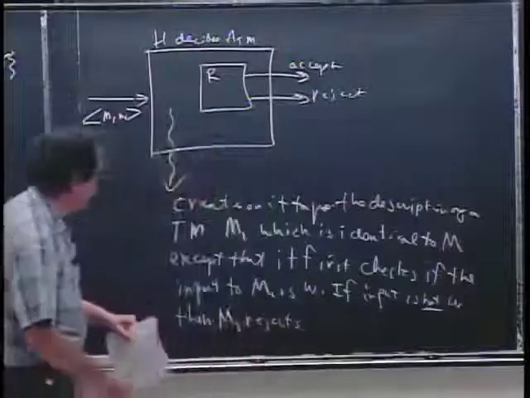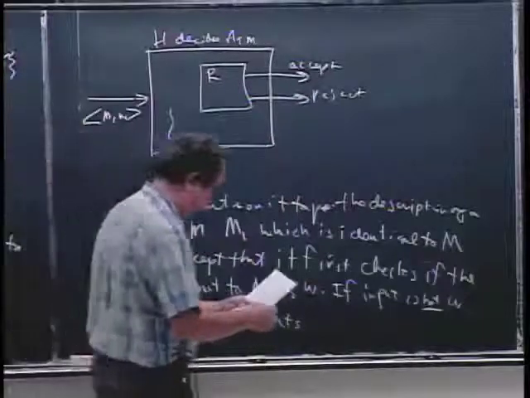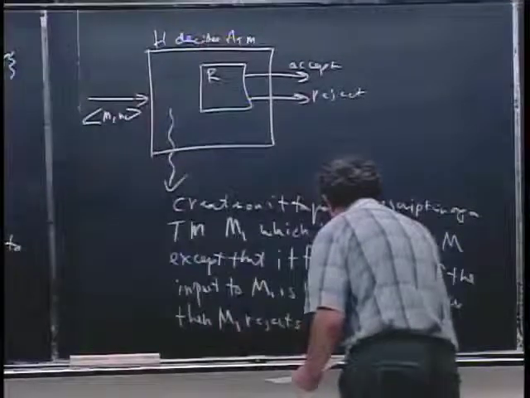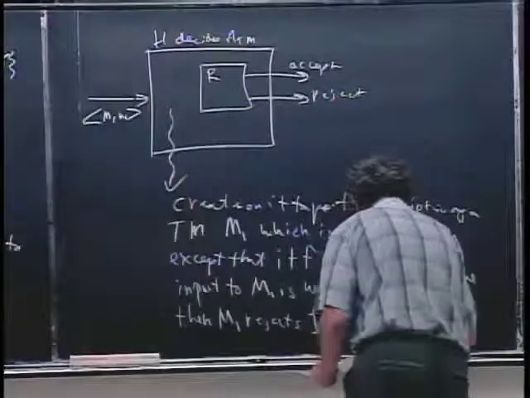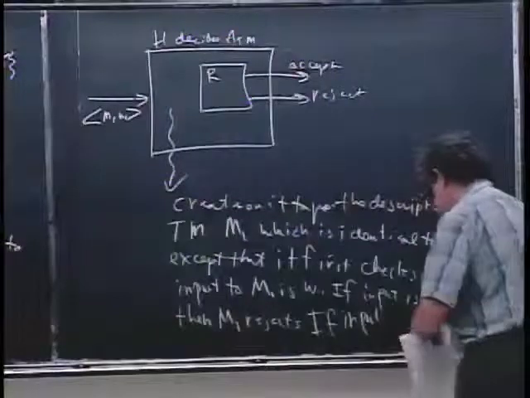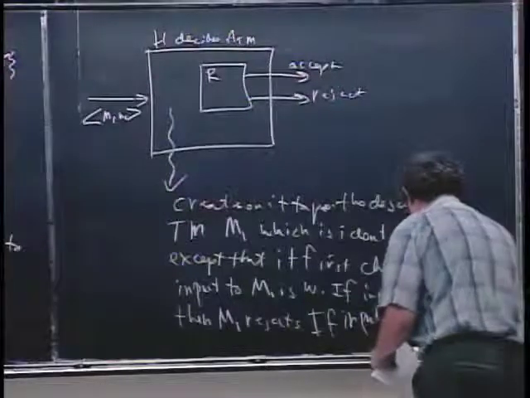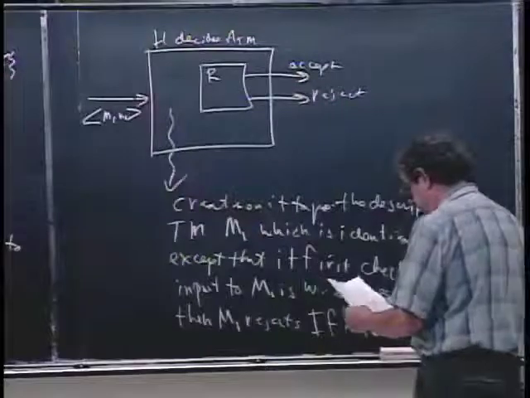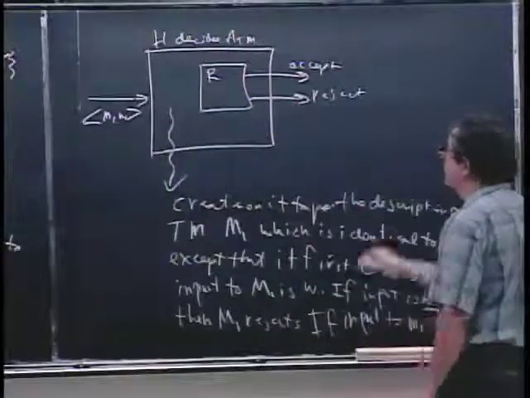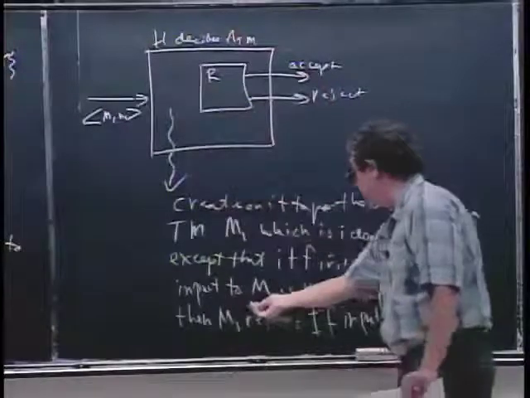That's what M1 should do if the input is not W. But if the input is W, okay, this is the input to M1, then we're still describing what H is doing in here, it's creating this Turing machine M1.